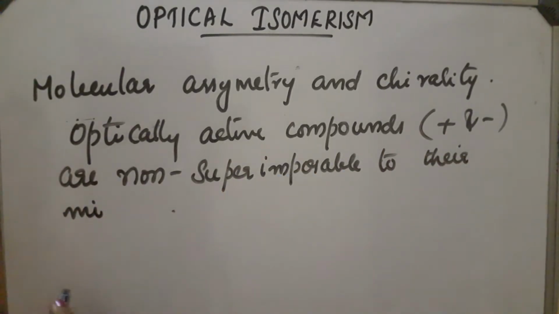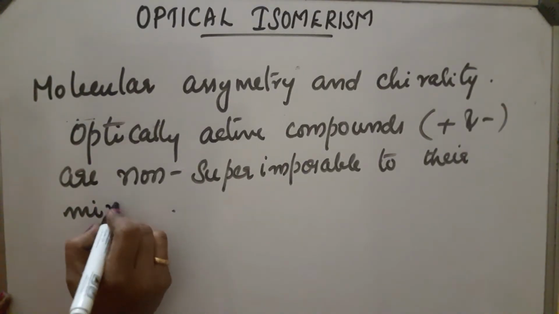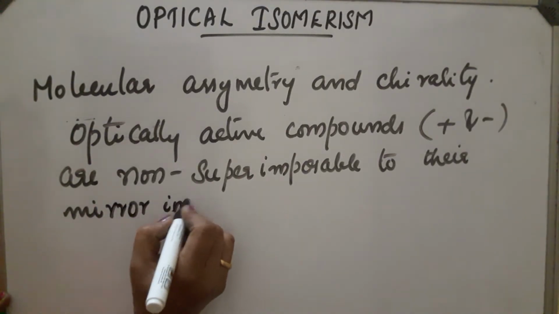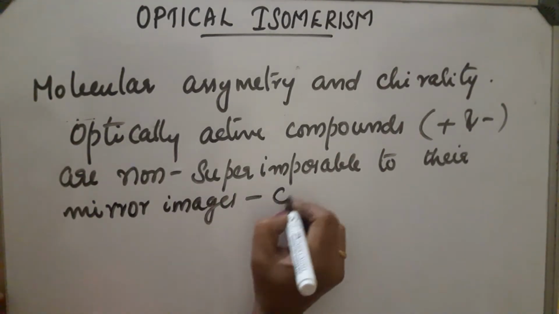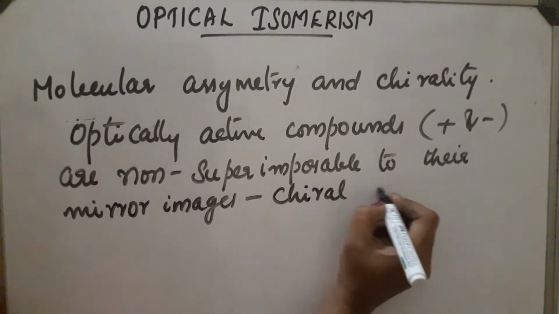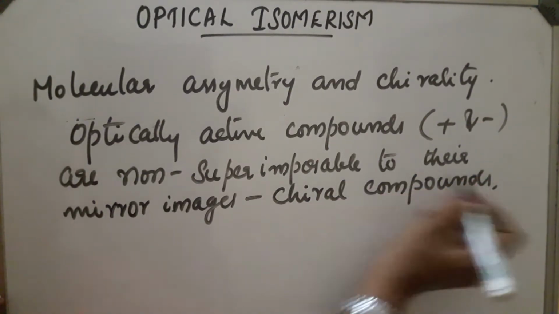Such compounds are called chiral compounds, and the property is known as chirality.